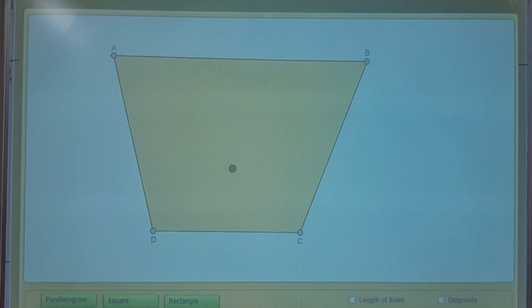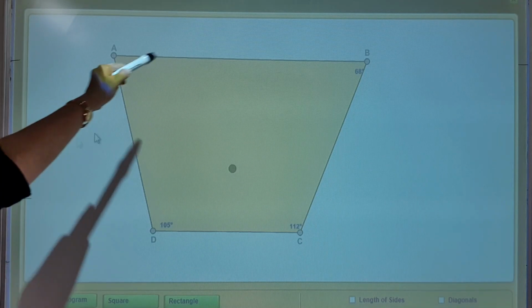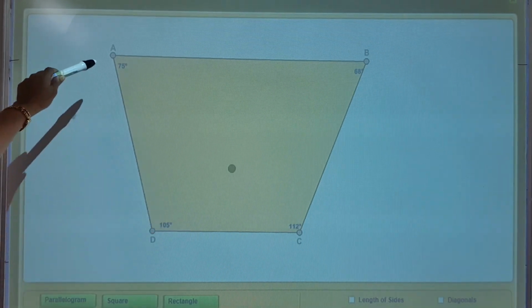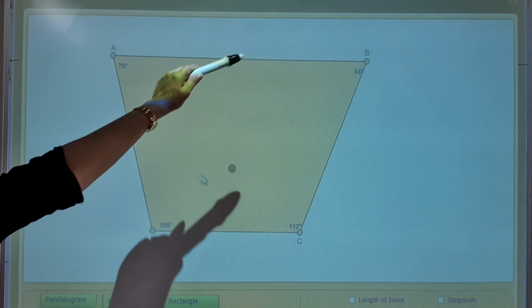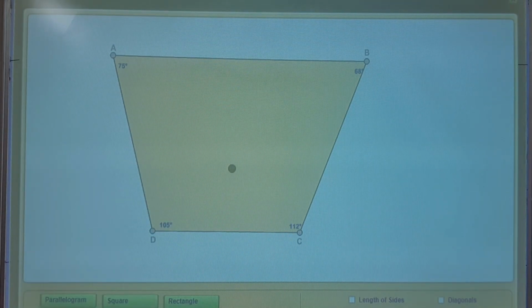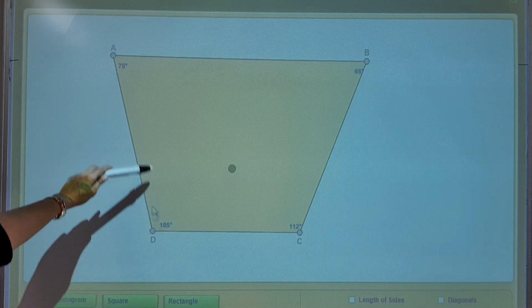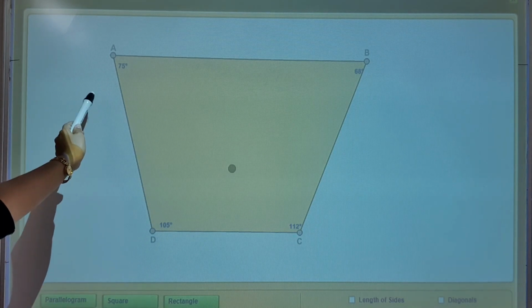Then what about the sum of angles, children? Sum of angles on each of non-parallel sides is 180 degree. These are parallel sides, right? Non-parallel sides, this AD and BC are non-parallel sides. If you add 105 plus 75, 180 degree. Why?